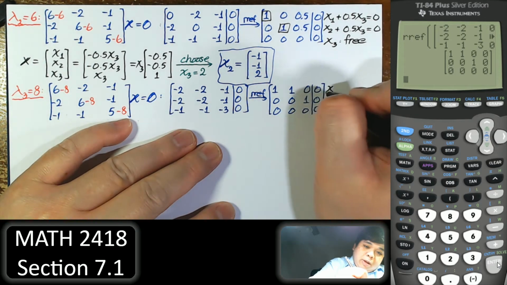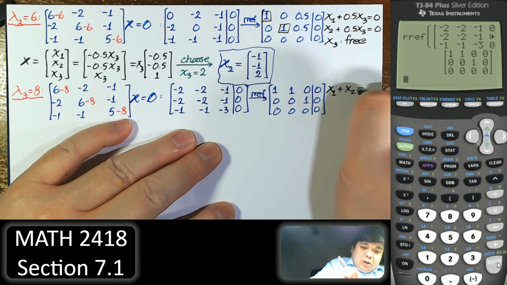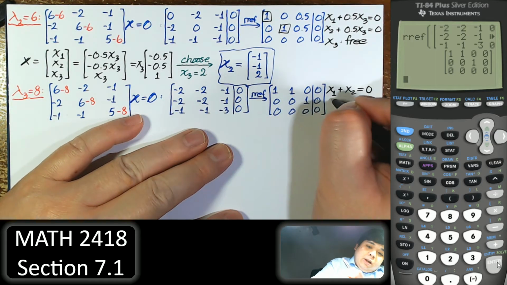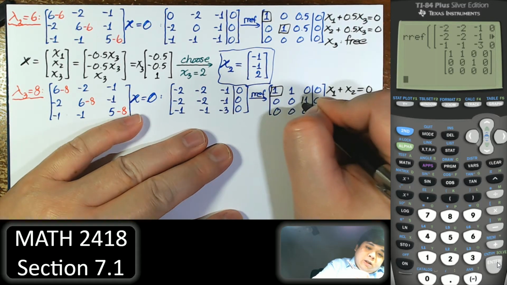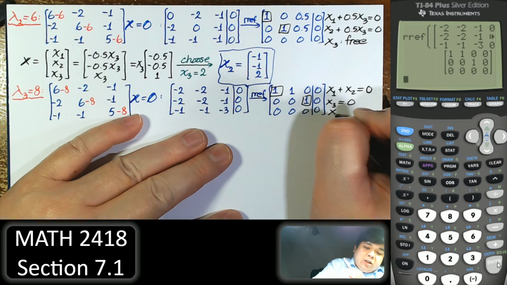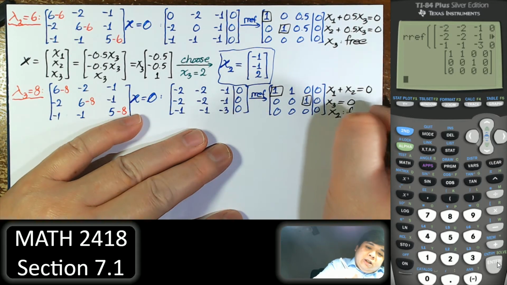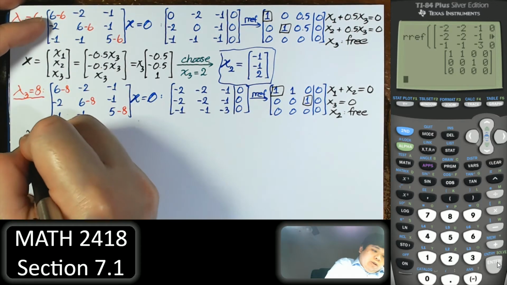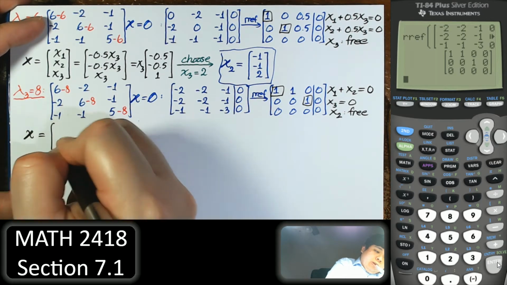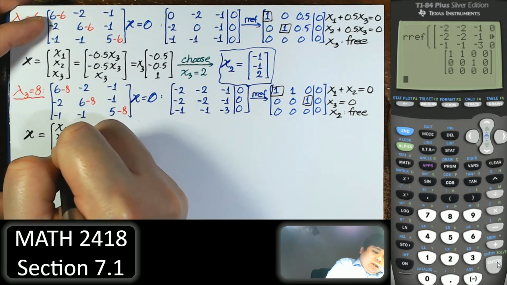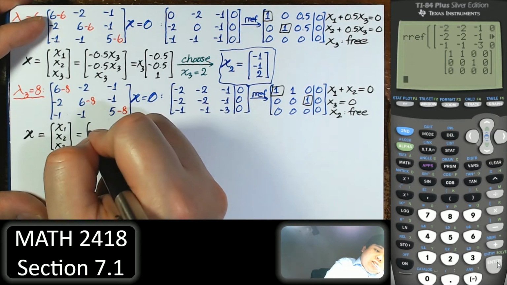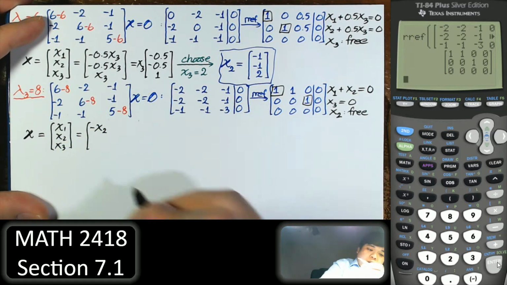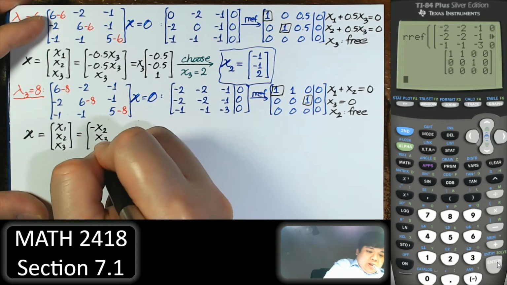Right, so I have x1 plus x2 equal to 0, x3 equal to 0, and x2 is free. So with that we have x equal to x1, x2, x3. x1 equal to negative x2, x2 is x2, and x3 is 0.